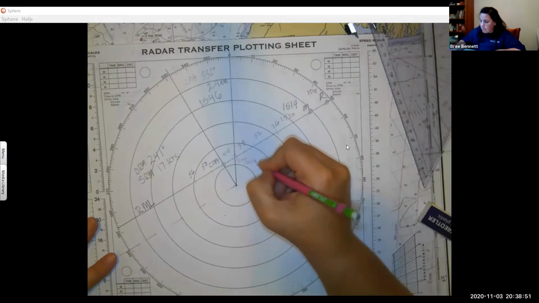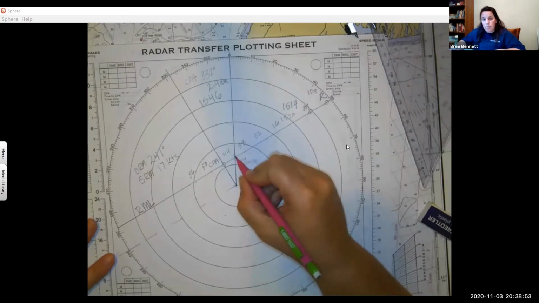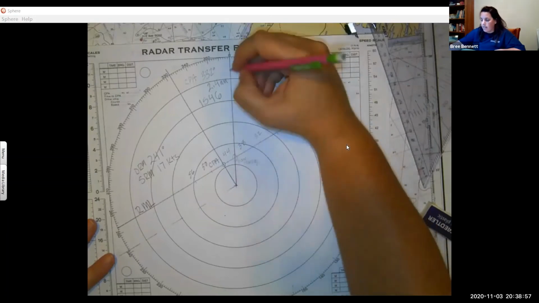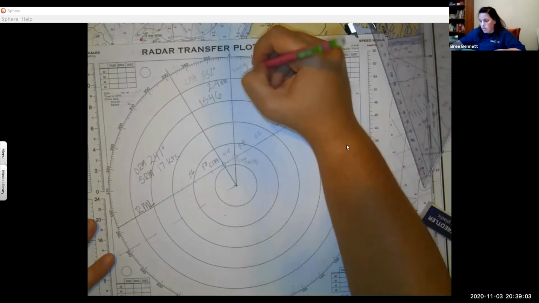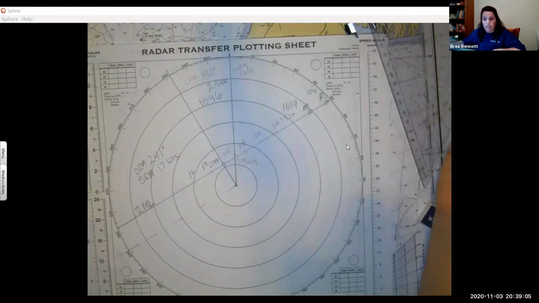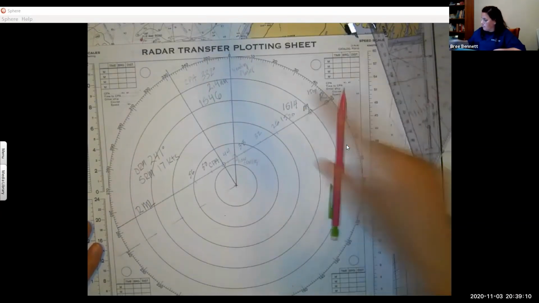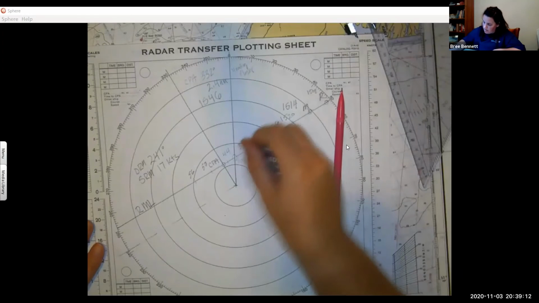So when we talk about bow crossing time and bow crossing distance, it's wherever it's crossing our heading flasher, which is where our bow is pointing, our heading. Okay, can I erase that?